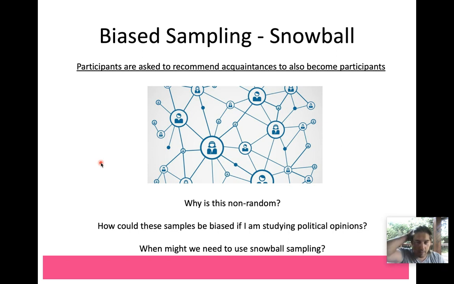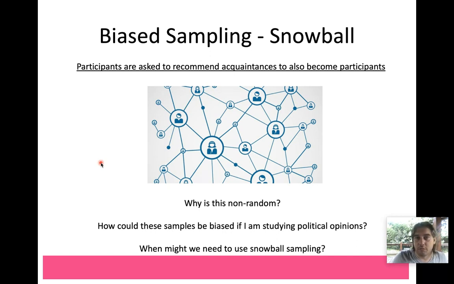So imagine that you're a social psychologist and you study group behavior. In particular, you want to study cults, right? How do people get involved in cults? What are the social dynamics and the group dynamics of being in a cult? Those sorts of things. A perfectly legitimate source of inquiry.